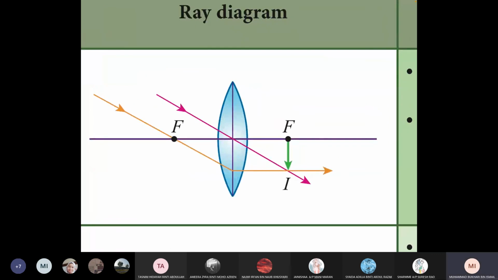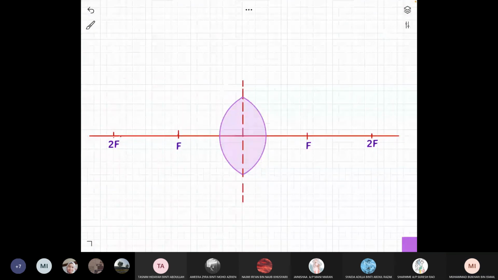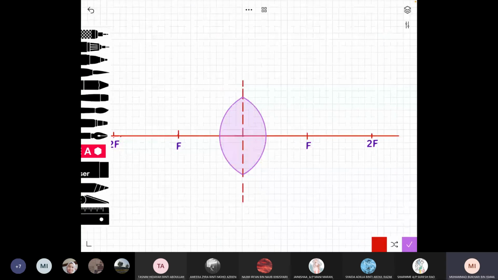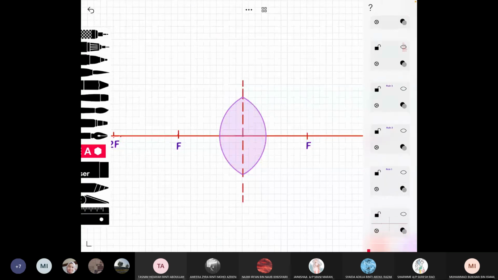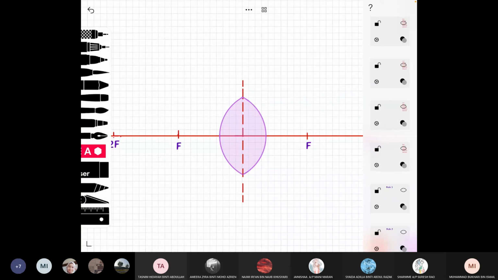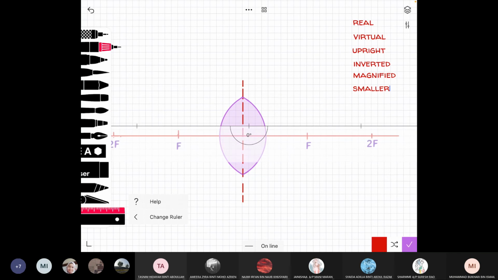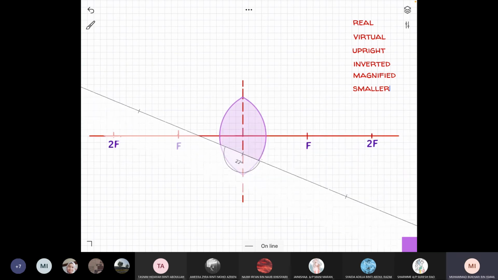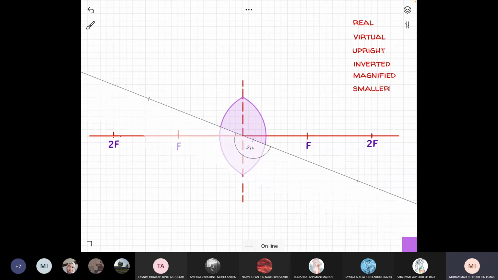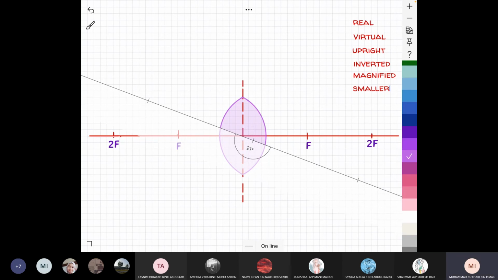Okay, let us try to draw the first case. We need to try it ourselves. This is the first case where the object is from infinity. Now light is passing through the center of the lens.